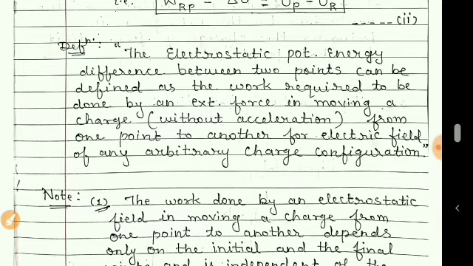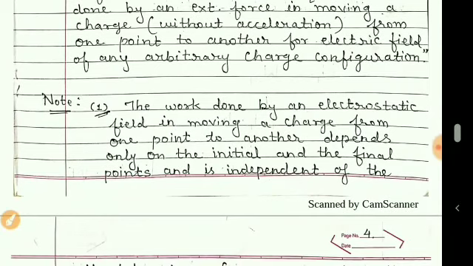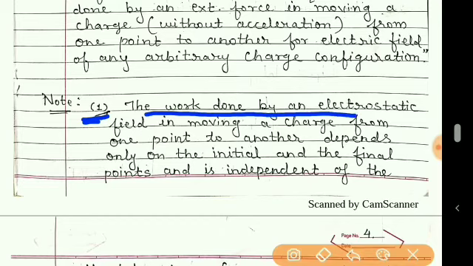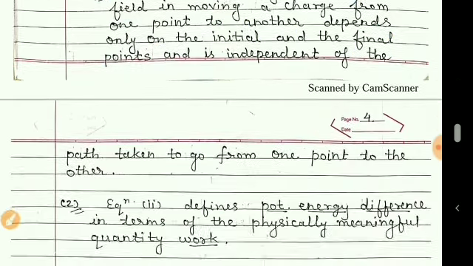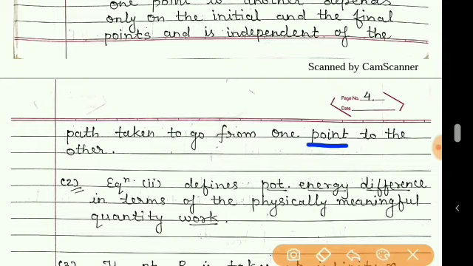Next part is about some important points related to this theory. Here, the first point says that the work done by the electrostatic field in moving a charge from one point to another depends only on the initial and the final points, and it is independent of the path taken.